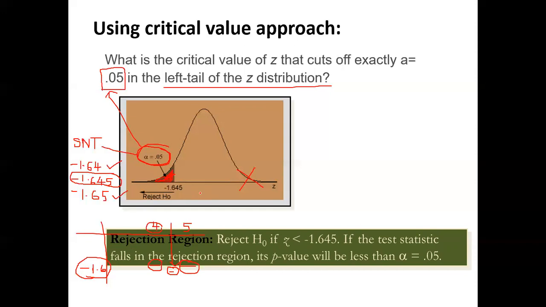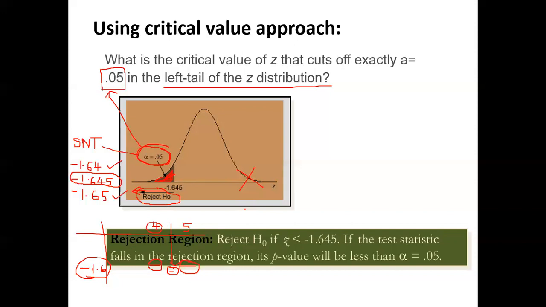Rejection region: reject H0 if Z is less than negative 1.645. So if it is in this region, approaching to the left, right? Then H0 must be rejected.